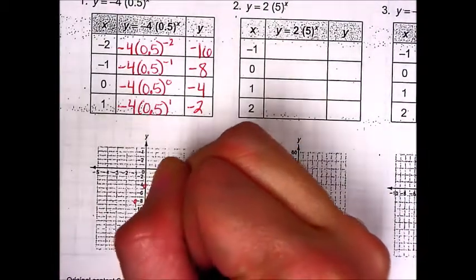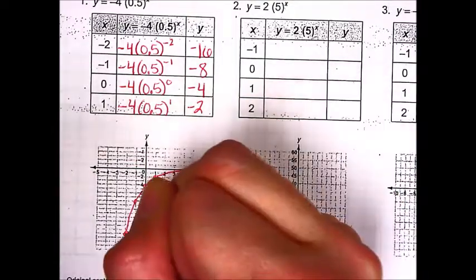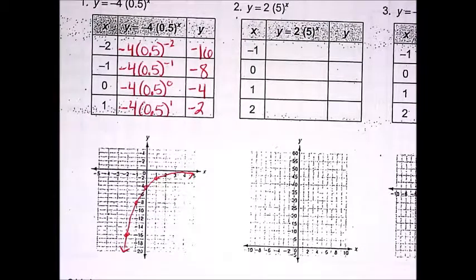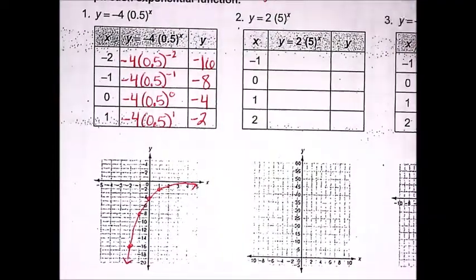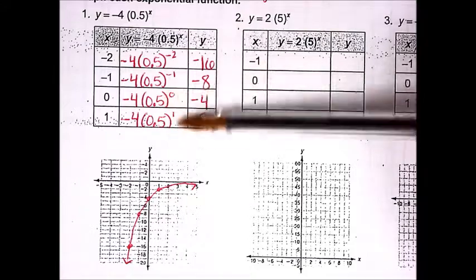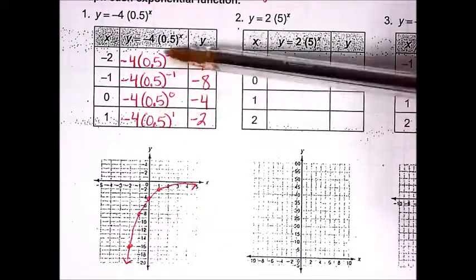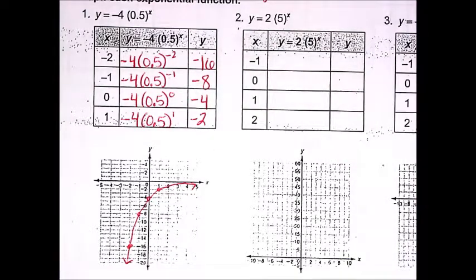Okay, so here's what we want to do. We want to draw this curve, and you need to draw it up to where it approaches 0, but it will never get there. Okay, so I need you guys to understand that there is an asymptote here, and here's why. Guys, you have a negative 4 in front of this, so I don't care what you get for your exponent. The second you turn around and multiply that answer by negative 4, there is no way for you to get a positive answer to this problem.